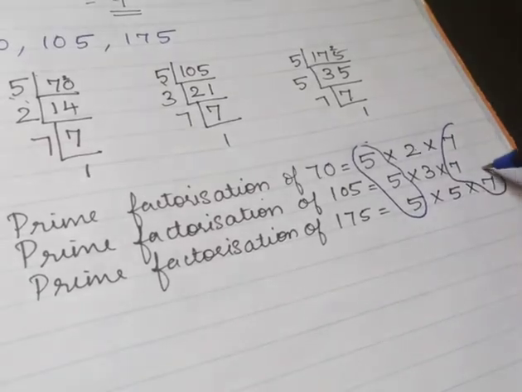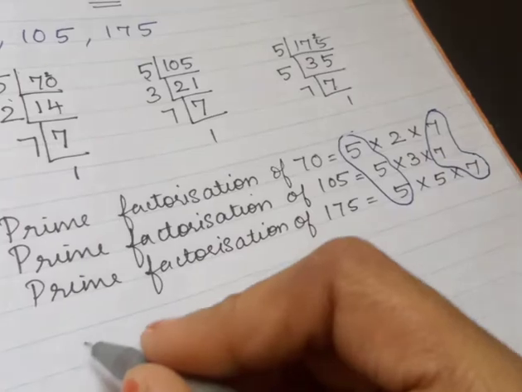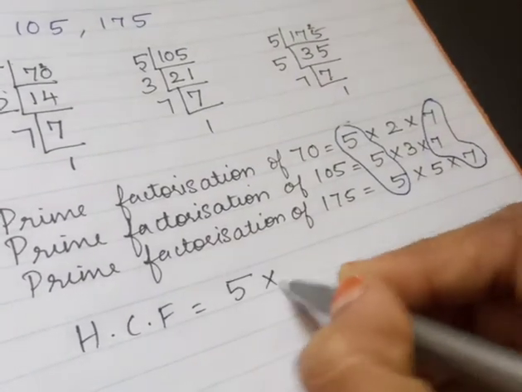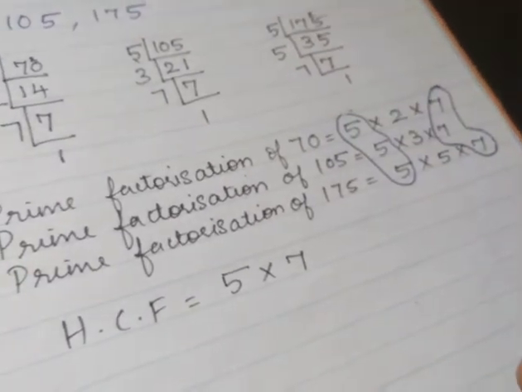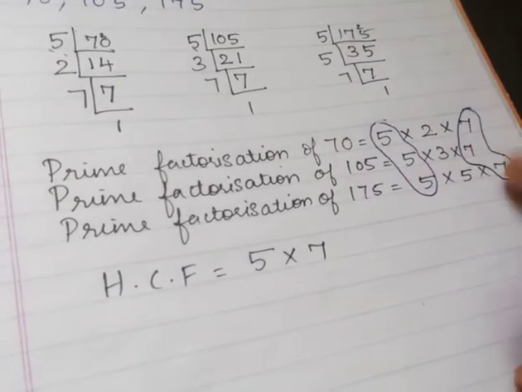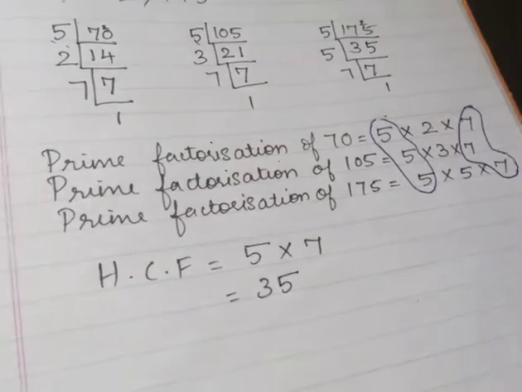It is common in all the three numbers. Okay. So, now how will you write the HCF? 5 into 7. Product of the common prime factors. Product means what? Multiplication of the common prime factors. 5 sevens are 35. That is your HCF.